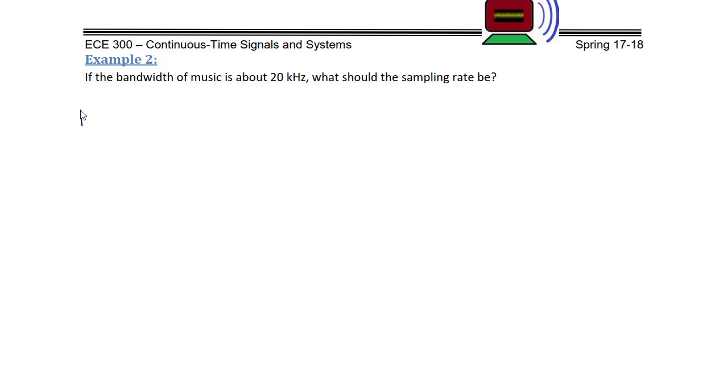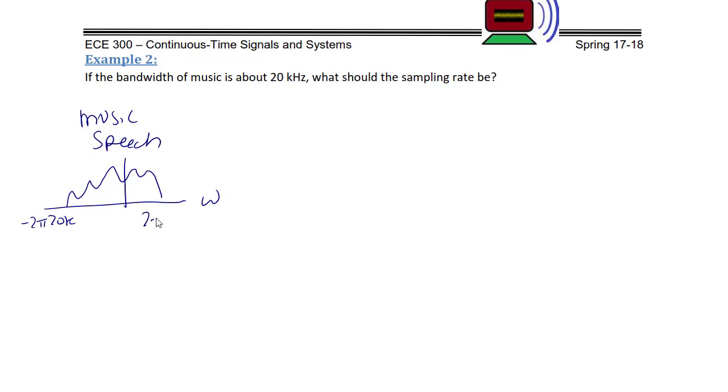If the bandwidth of music is about 20 kilohertz, what should the sampling rate be? So music and speech, let's say, has the following form in the frequency domain. Where this is negative 2 pi 20k, this is 2 pi 20k, and this is actually in hertz.